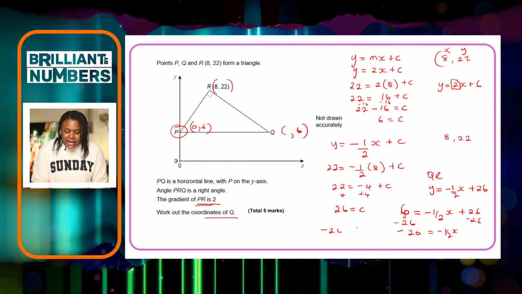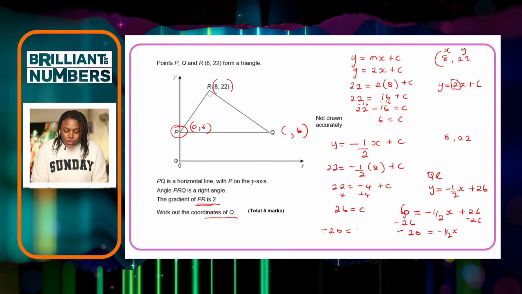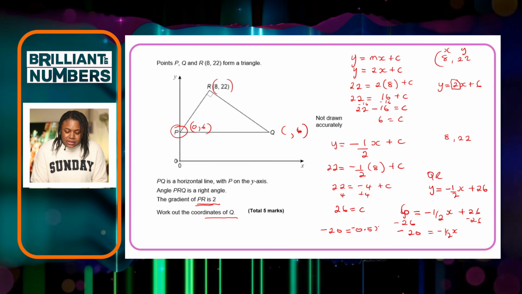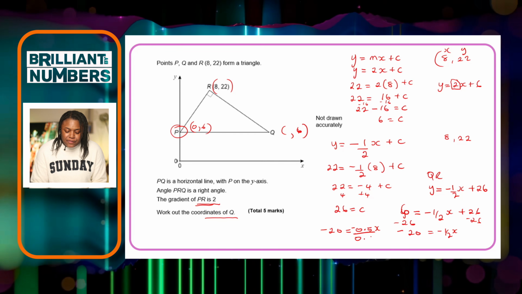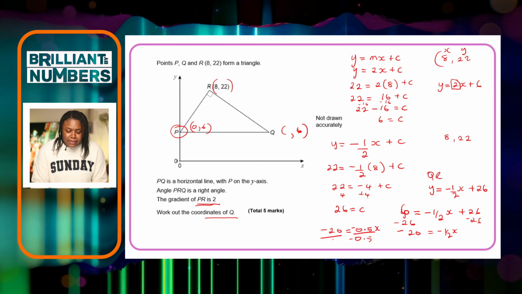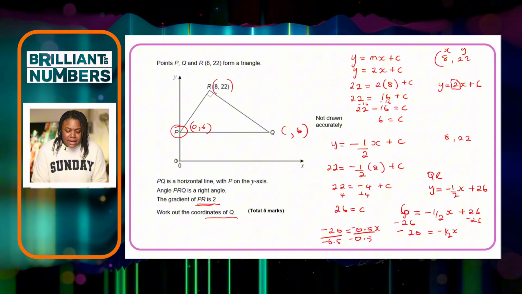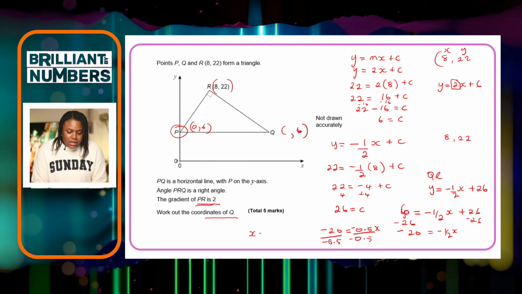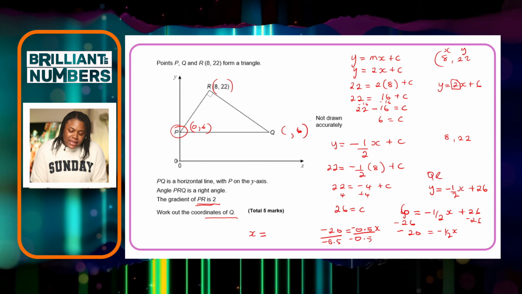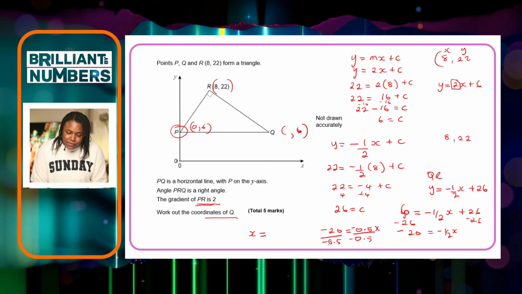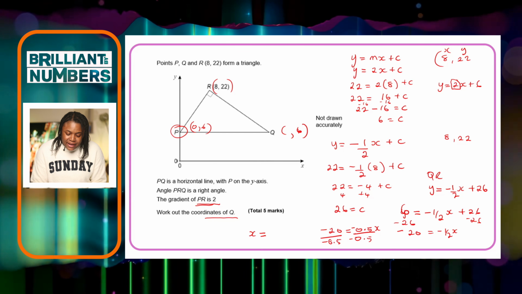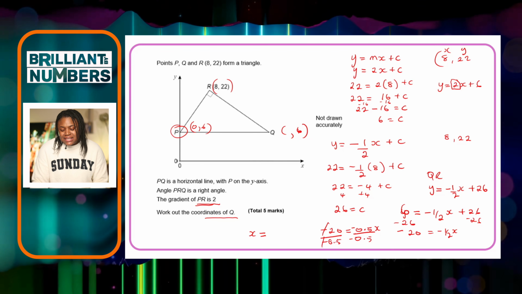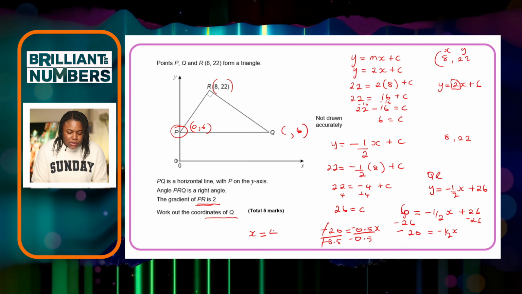So I'm just going to rewrite it here for clarity. I'm going to put it as minus 0.5 x. Dividing by a half, remember, is the same as multiplying by 2. So dividing by a half on both sides, x is equal to minus 20 times minus 2, or we could just cancel out the points and do 20 times 2, which is 40.